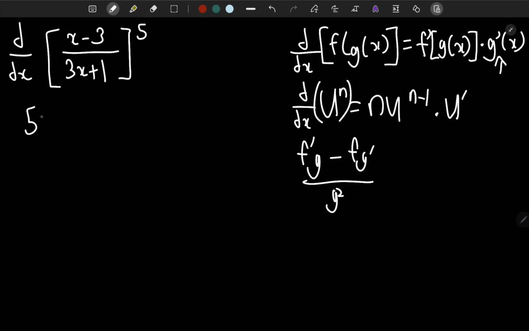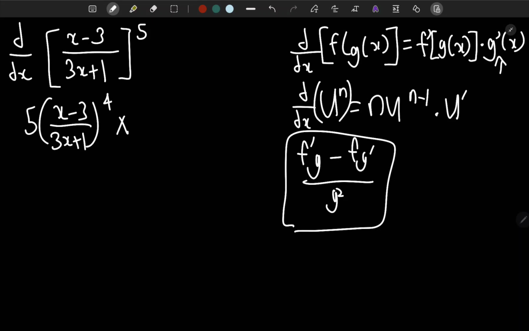So it's going to be 5 into (x minus 3) over (3x plus 1), this is going to stay the same, to the power of 4, multiplied by now the u prime, which is going to be the quotient rule for the fraction, as written over here. So it's f prime g minus f g prime over g squared.